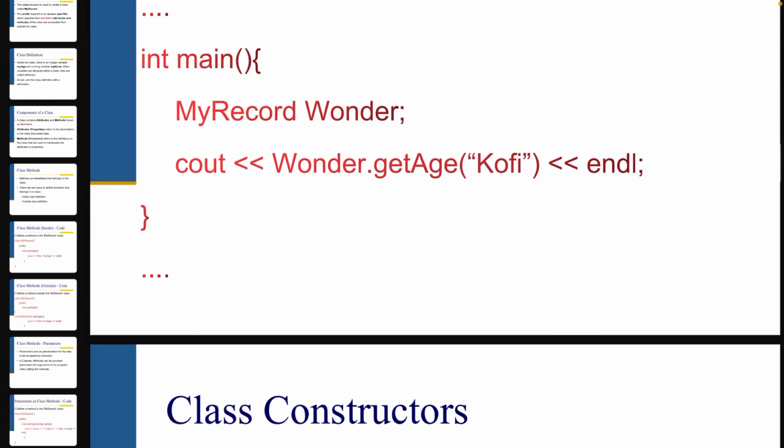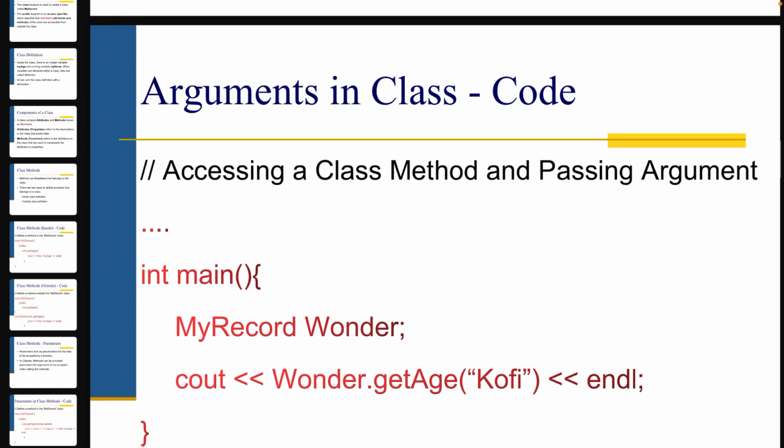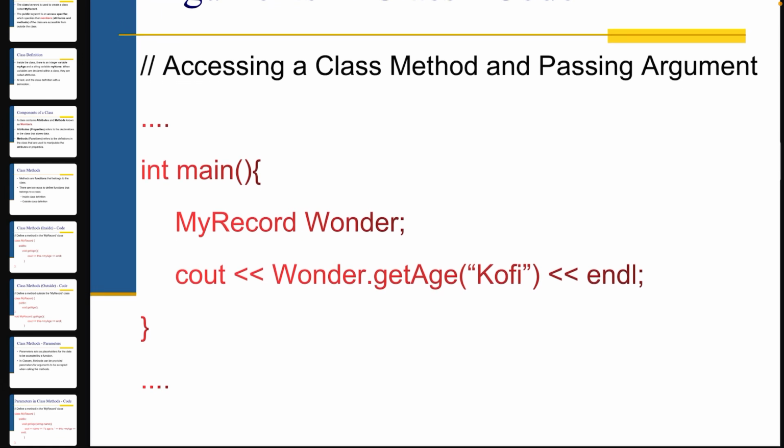So this is how it looks. This is for arguments in a class. MyRecord wonder, cout wonder.getAge Kofi endl.